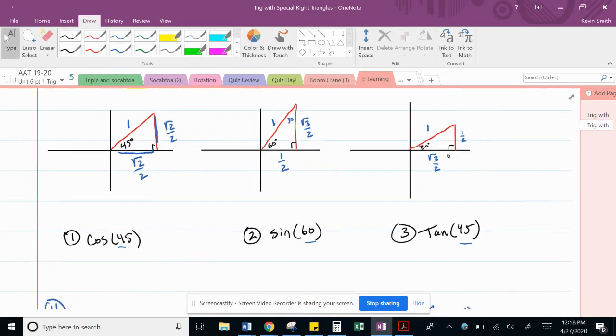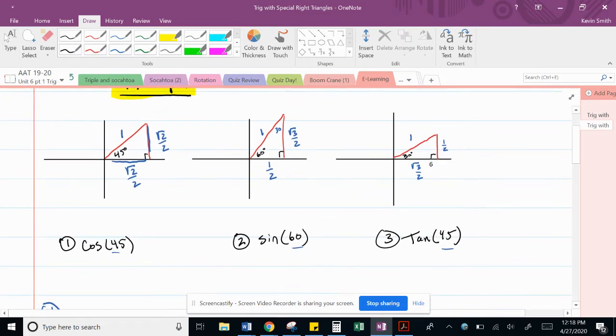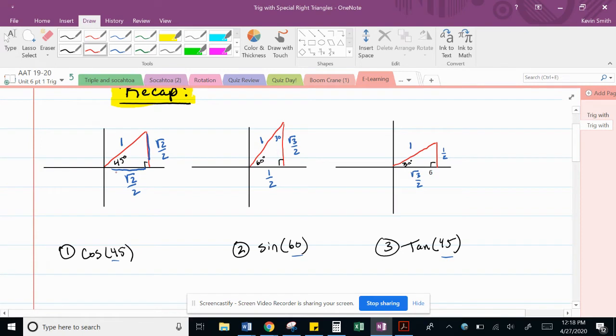Okay. So let's find the cosine of 45. That will be adjacent over hypotenuse, which will be root 2 over 2. And of course, cosine is positive in quadrant 1. So we're good. Sine of 60 will be opposite over hypotenuse. So that will be root 3 over 2 divided by 1, which is fine. And sine is positive in quadrant 1.